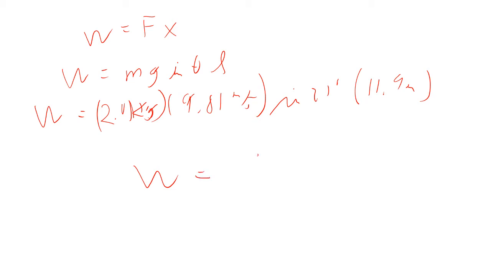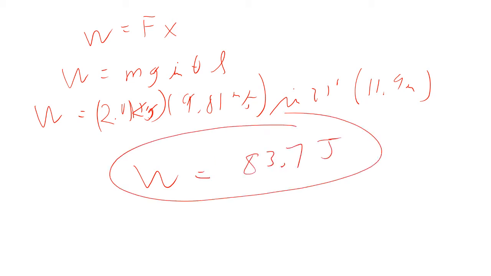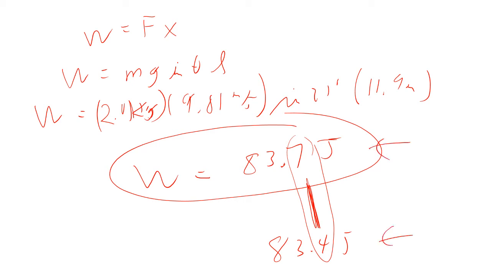And so that comes out to be 83.7 joules. Now that is actually the same number. Remember before we had 83.4 joules. This is our least significant digit right here. I guess that should have been 2.00 kilograms. But that means a small change there, so these two numbers are actually the same within rounding error.